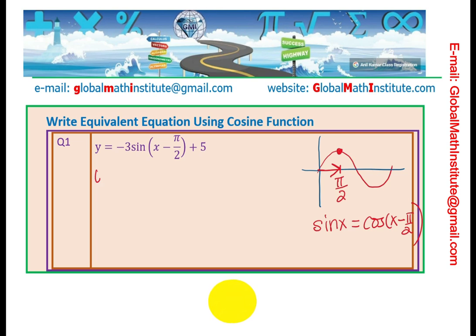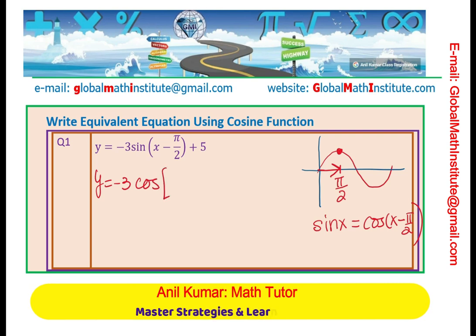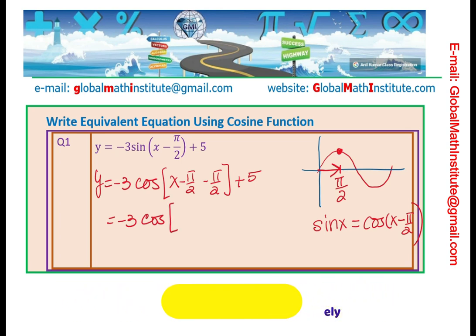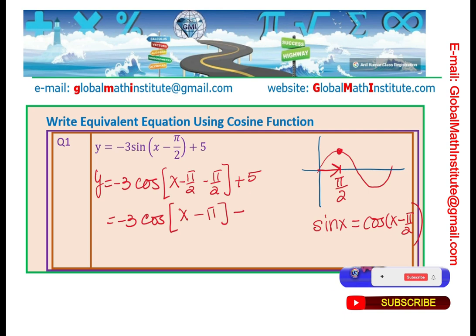So I could also write this as y equals minus 3 cos of whatever this angle is, right? In this case, it is x minus pi by 2, minus pi by 2. Does it make sense? That is even simpler, right? But it all depends on what you have learned so far, and accordingly, you can use the strategy, correct? Again, you get the same answer.